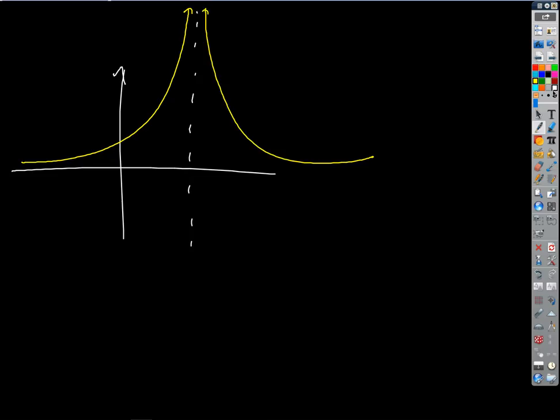What do I call that kind of behavior on a function? See what it's doing? Exponential. It might be exponential. Might be some other kind of function. But both of them, what's this thing called?